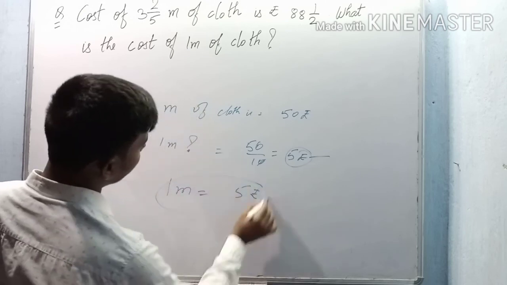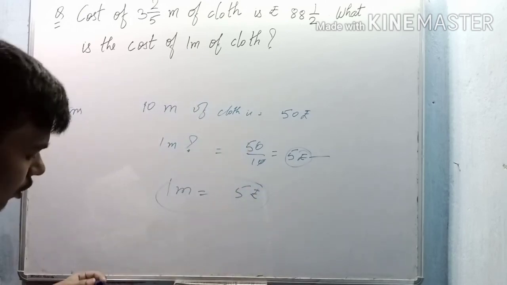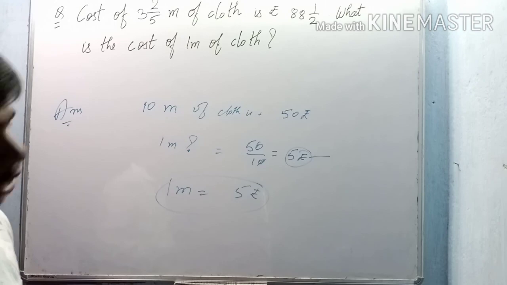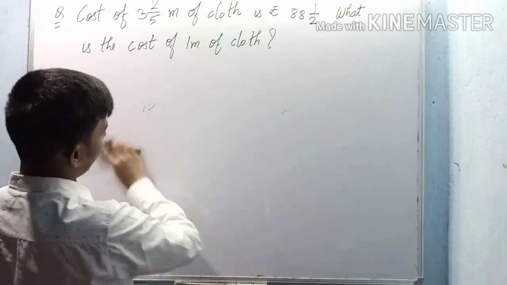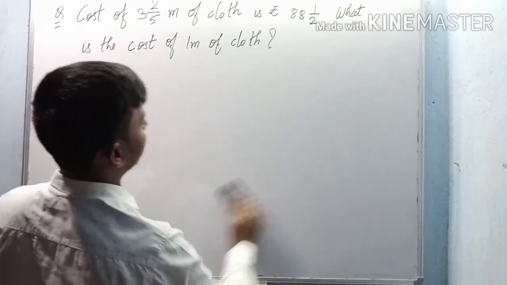How have we done it? We just divided rupees by the length of the cloth. So we will do the same in this question. Don't be afraid of seeing the fraction.